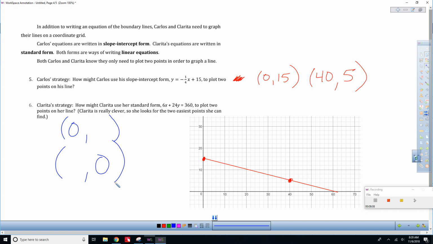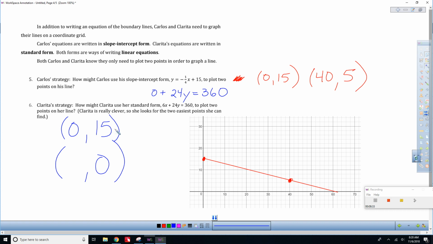So if I put in a 0 for x, I get 24y equals 360. 360 divided by 24 is 15. So again, you got 0 plus 24y equals 360. Divide each side by 24, and you get y equals 15.